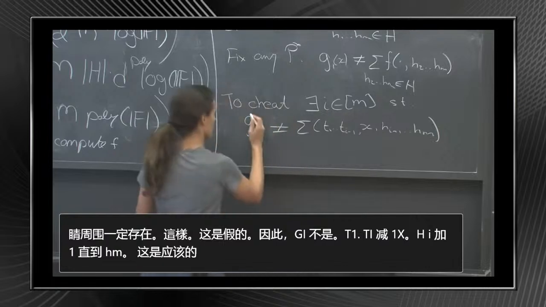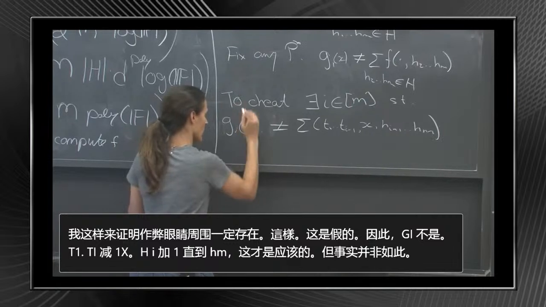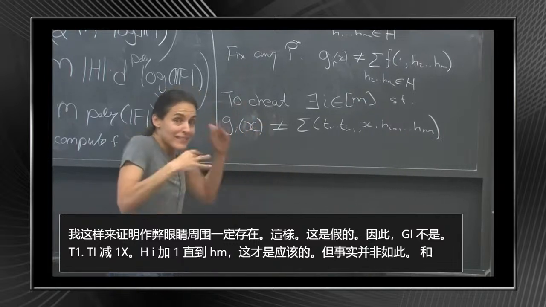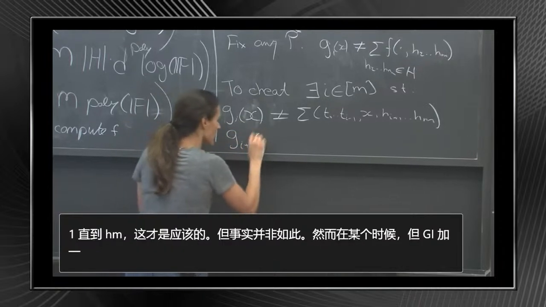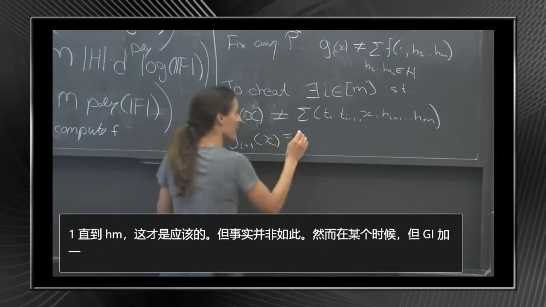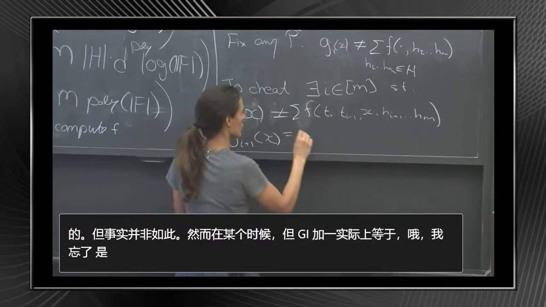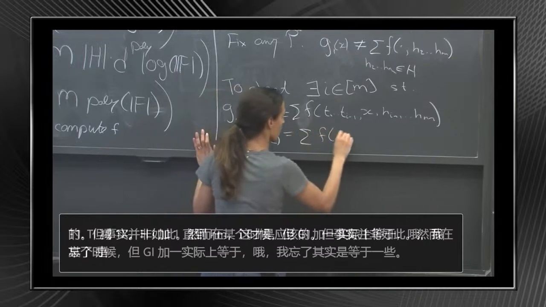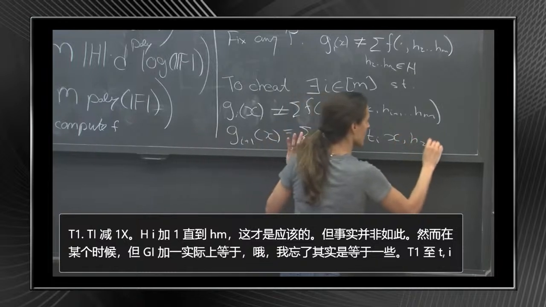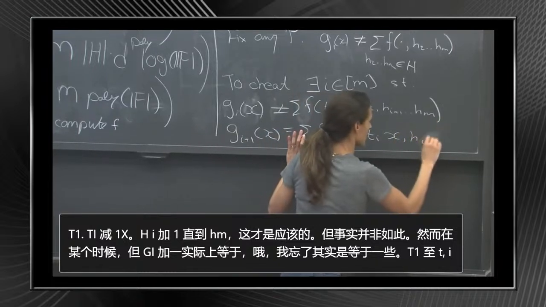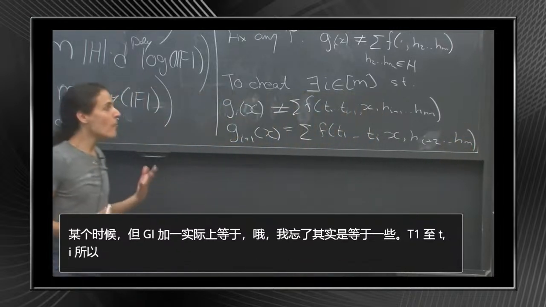This is what it should be, but it's not. And yet G_{i+1} is actually equal to the sum of F at t_1 up to t_i. So to cheat, you must go from false to true.